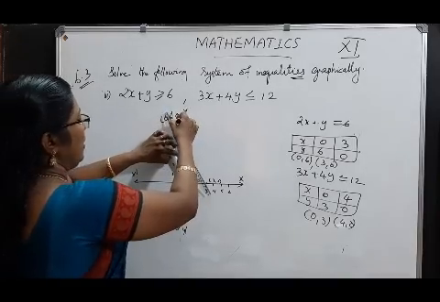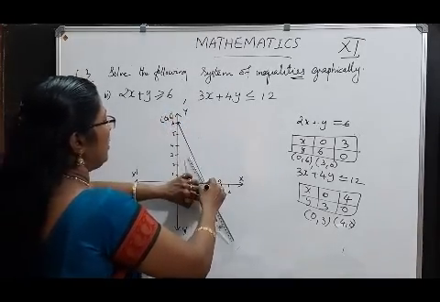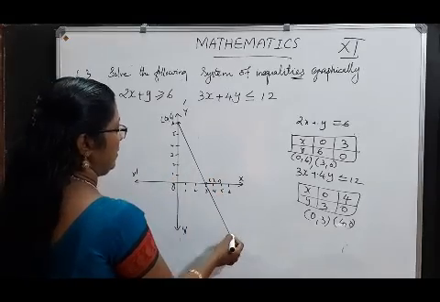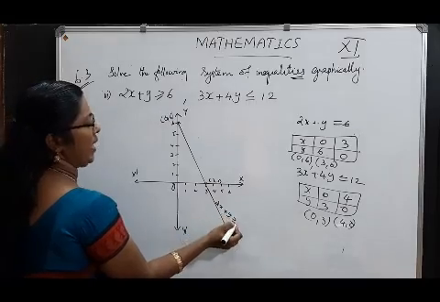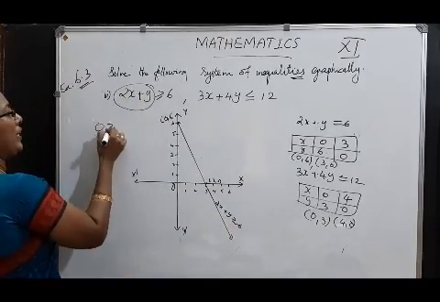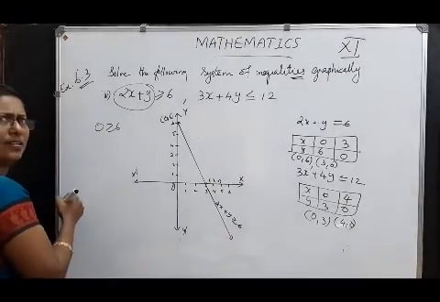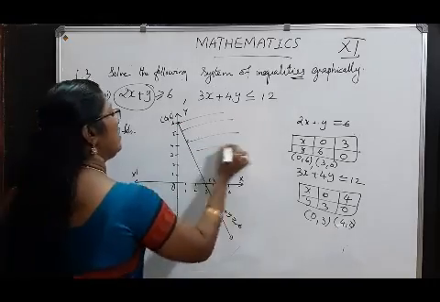Join 0, 6 and 3, 0. It is a slack inequality, so you can draw the line. Okay, 2x plus y greater than or equal to 6. When we substitute 0, 0, is 0 greater than or equal to 6? No, false. So the region excluding the origin.